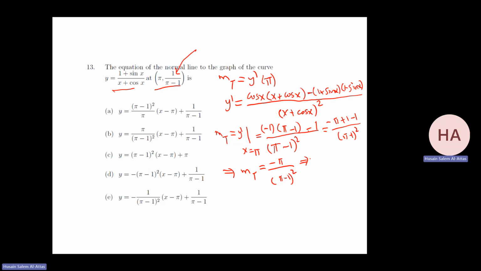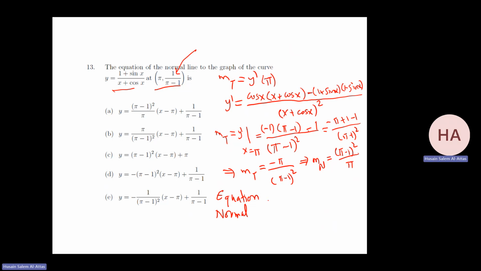What is the slope of the normal? Minus the reciprocal of this, which is (pi minus 1) squared over pi. So what is the equation of the normal?